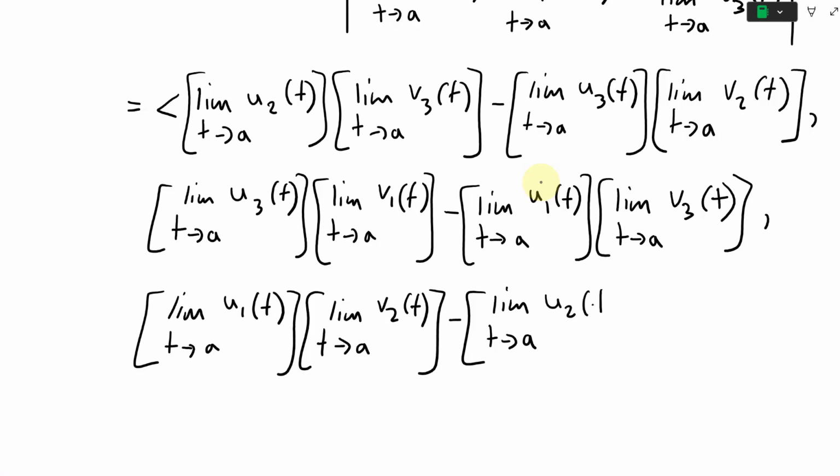So reverse direction, instead of u1, it goes u2, and instead of v2, goes v1, and then this is going to be v1 of t, and close bracket. There it is. That's the closed triangle bracket there.